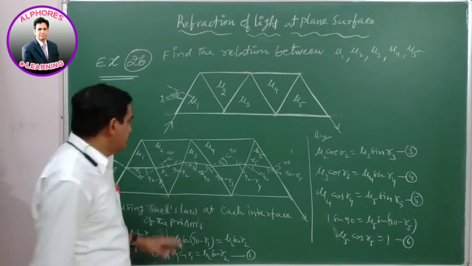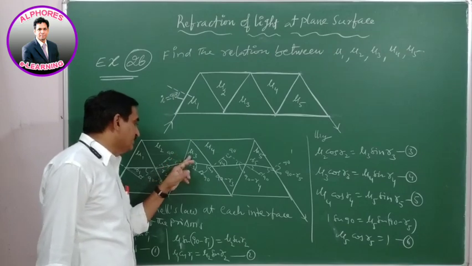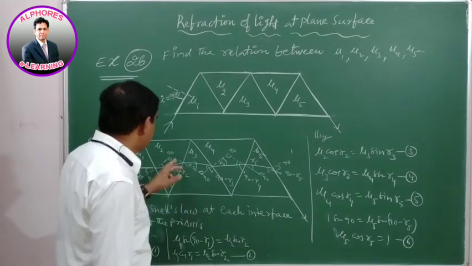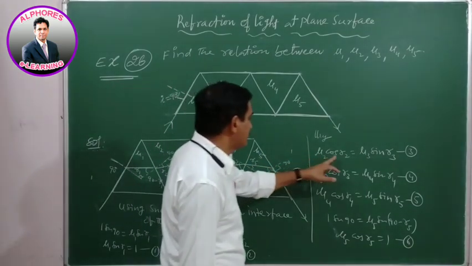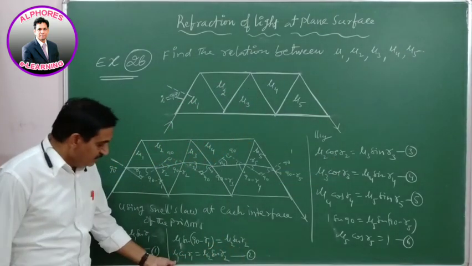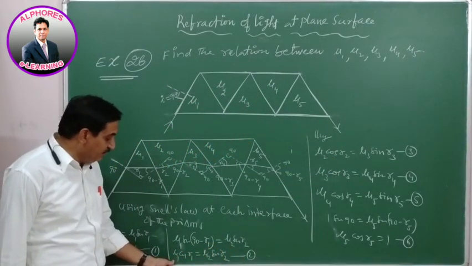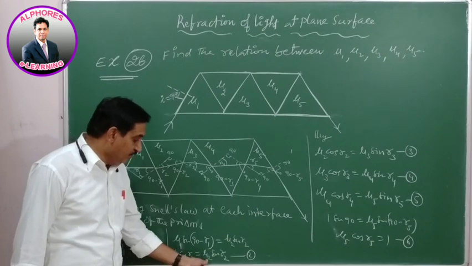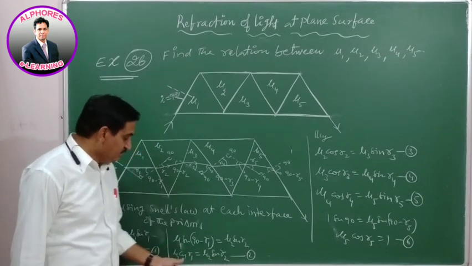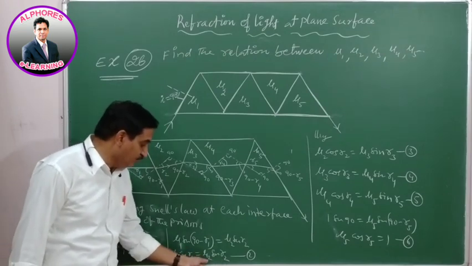By simplifying this, cos (90 minus R1) equals sin R1 and sin (90 minus R1) equals cos R1, so mu1 cos R1 equals mu2 sin R2, equation 2. Similarly, from the second and third prism interface, mu2 cos R2. Why? Because we already calculated mu1 cos R1 equals mu2 sin R2. So keep in mind 1, 1, 2, 2.